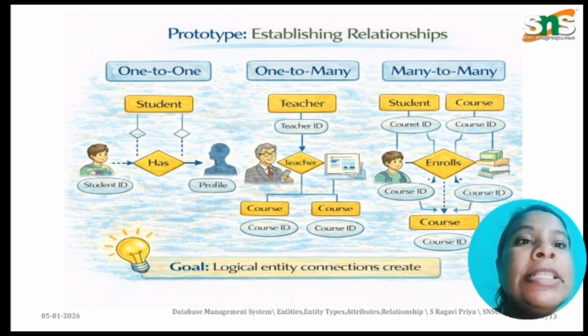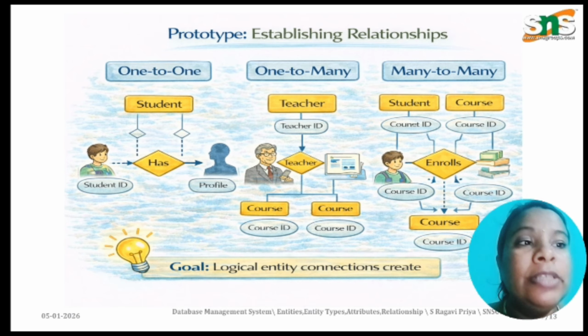So it has only one relationship between student ID and profile. In a one-to-many relationship, the teacher has teacher's courses. The teacher can teach several courses. So it has a relationship of one-to-many.